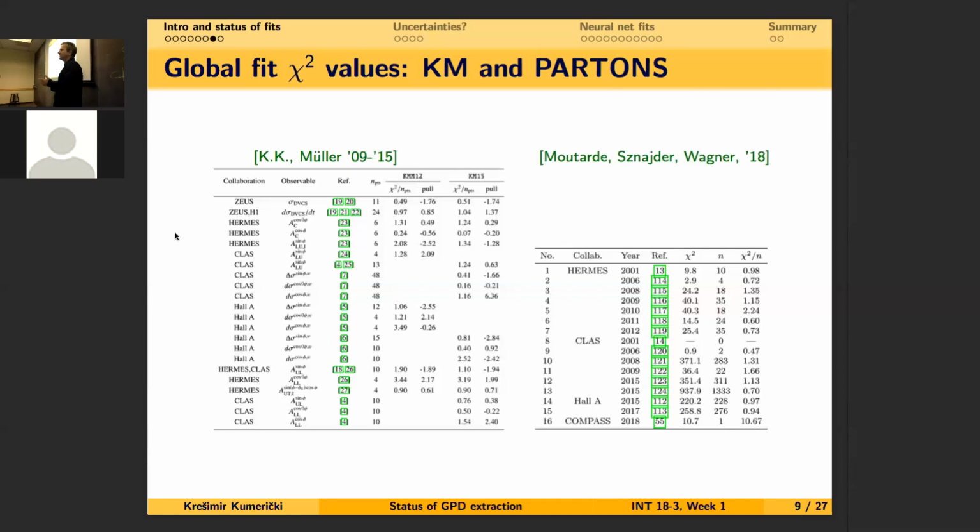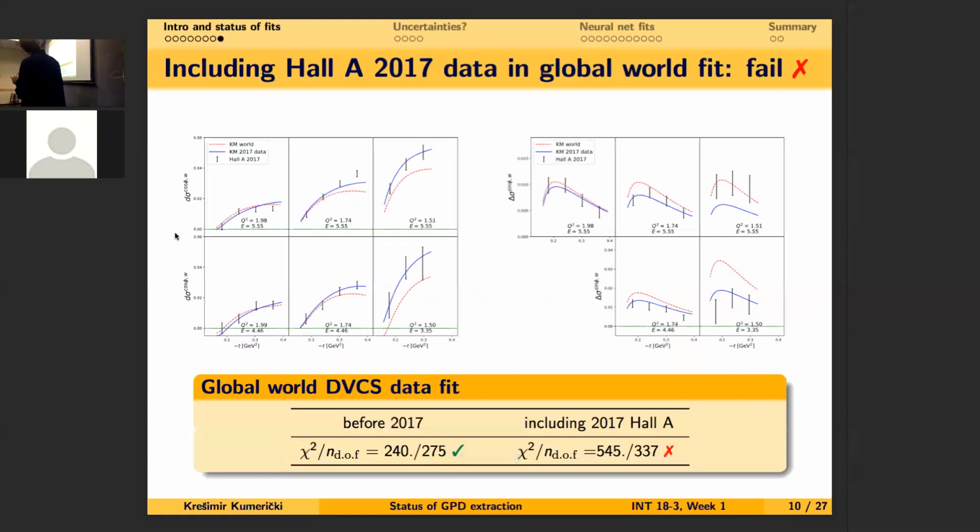Already starting from 2006, we had problems with this data. Then this measurement was superseded by the newest version, the 2015 measurement, and then it somehow fitted nicely, right? But there is now a new measurement, last year's, and actually including this last year's Hall A measurement in the global fit results, I must admit, in a failure.